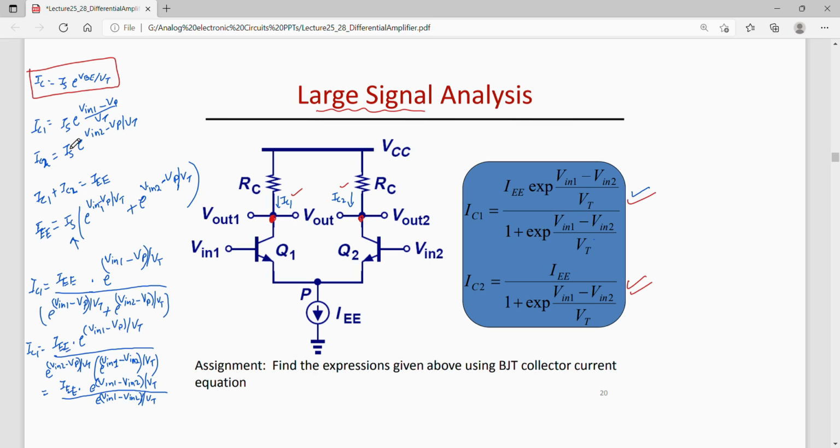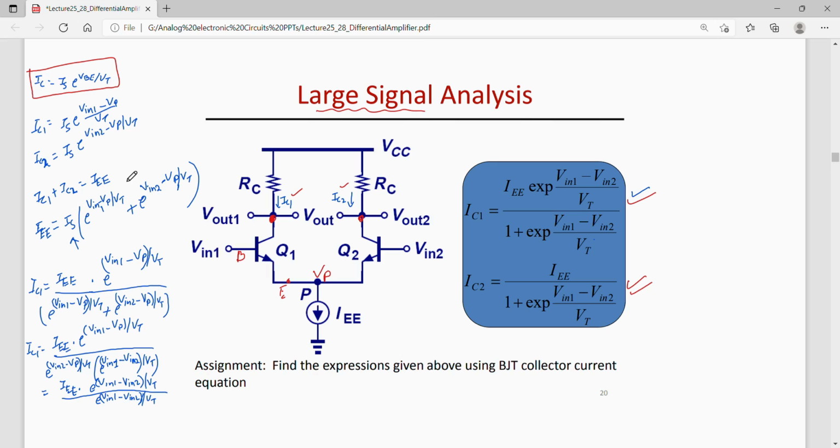So IC1 is Is times e to the power Vin1 minus Vp by Vt. Here VBE is, this is base and this is emitter, and Vp is here. Similarly, IC2 can be written, which would be Is e to the power VBE, that is Vin2 minus Vp by Vt.